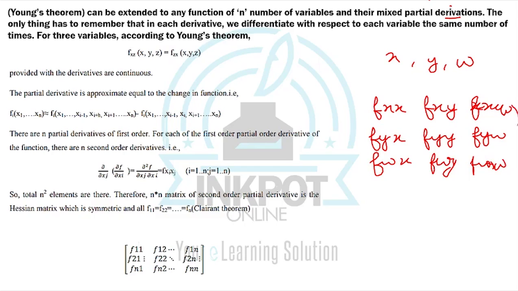The idea is always that, along the diagonal you will have not mixed partial derivatives, but actually the partial derivative with respect to itself. And, off the diagonal you will have mixed derivatives. This and this would be equal, this and this would be equal because of Young's theorem. And this would be equal because, again, of Young's theorem.